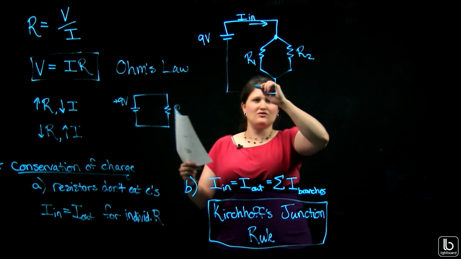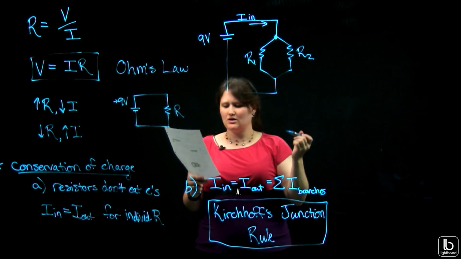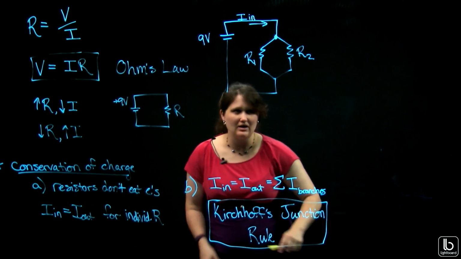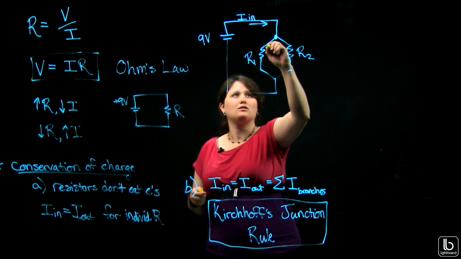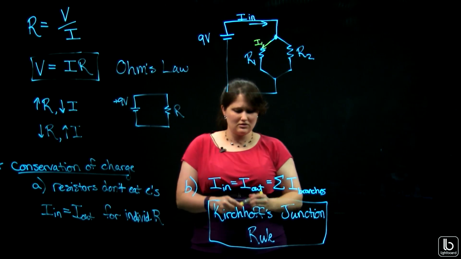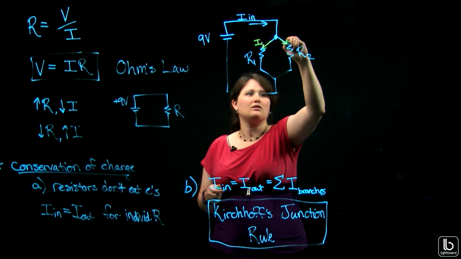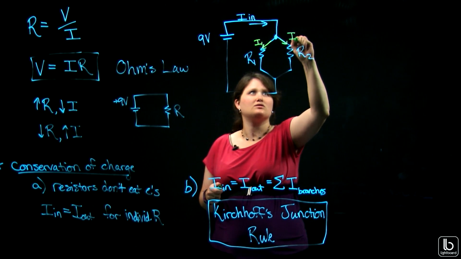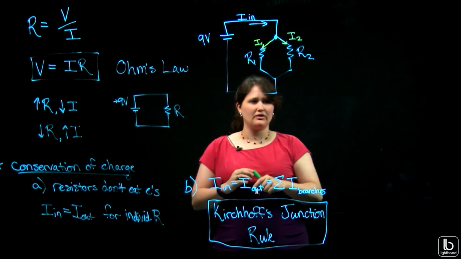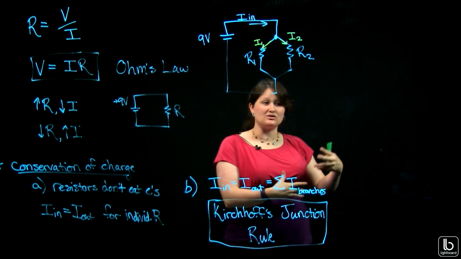So if each individual charge is going to be picking different routes, then effectively I can talk about my current 1 and my current 2. Okay, so I have I1 and I2. Just like I had I1 and I2 when I was dealing with resistors in series.